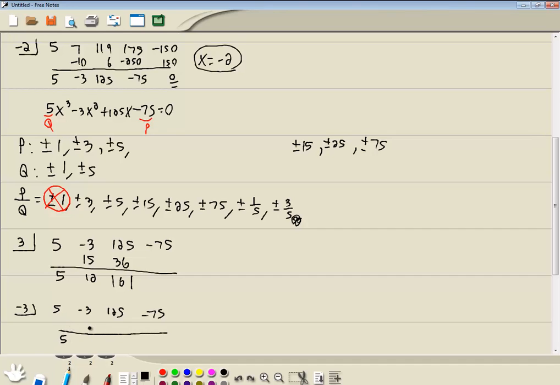Okay, so we'll add, we'll multiply, add, multiply. My basic math skills are almost non-existent this morning. 24, okay, 179. And this times this plus negative 75 is not going to give me 0. So that doesn't work. So we're down to 3's.